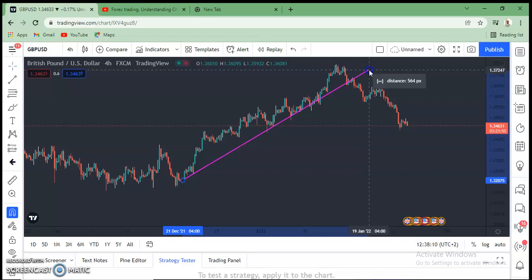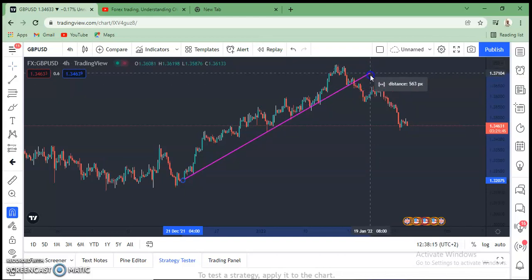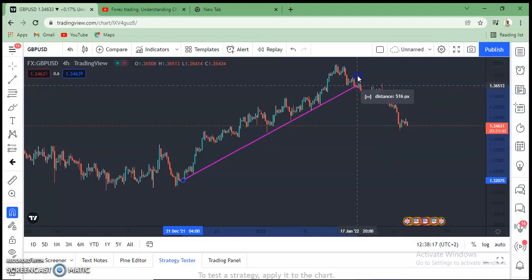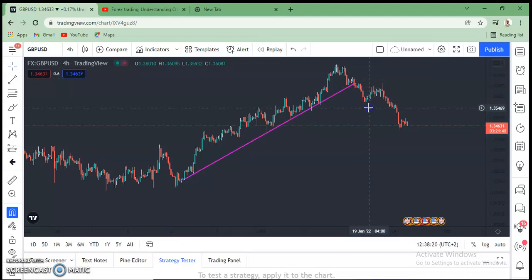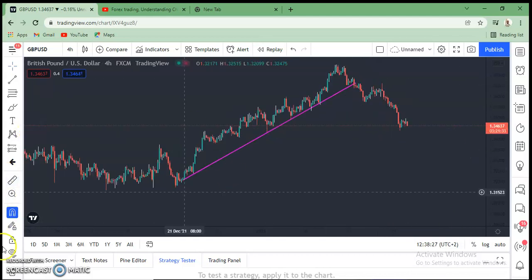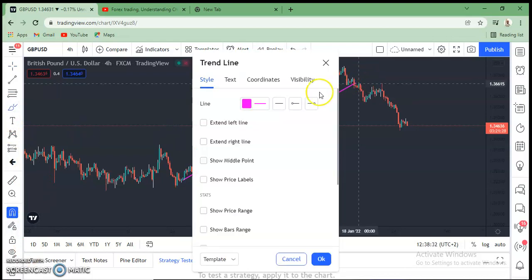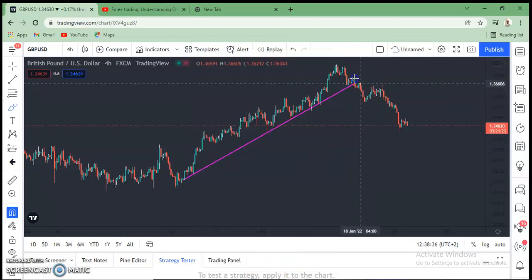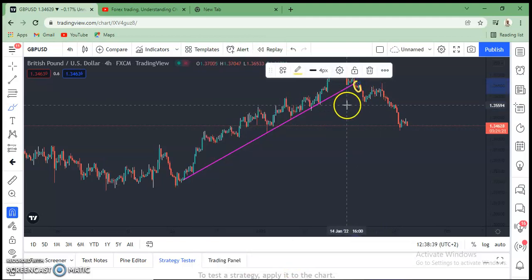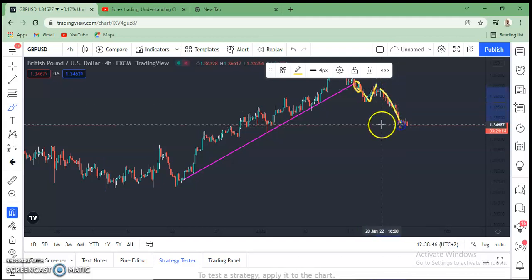So here, you can see the market broke the trend line at this point here, and then it went down, then it retested again, and then it continued.